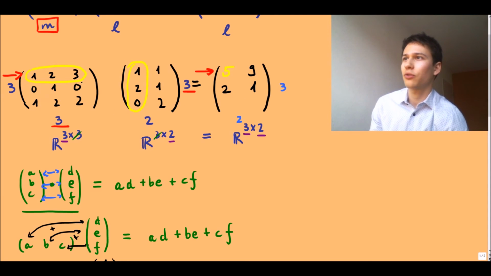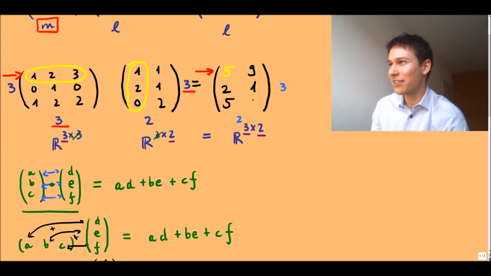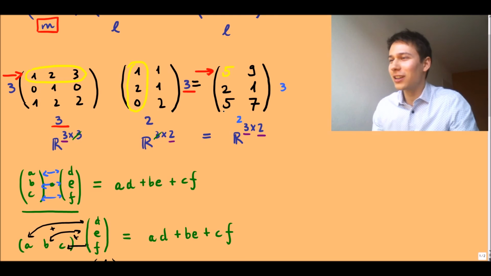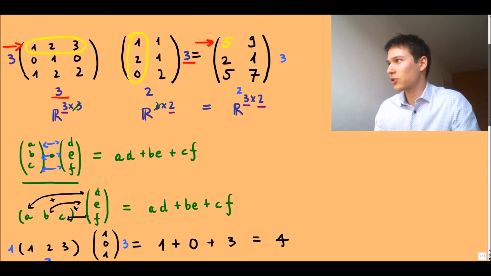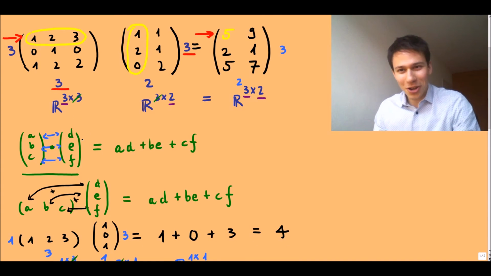And then we have 1 plus 4 plus nothing gives us 5. And we have for the last entry 1 plus 2 plus 4 gives us a 7. Perfect. So you can see that it is really not hard, and all you actually have to know to do matrix multiplication is the scalar product or the dot product.